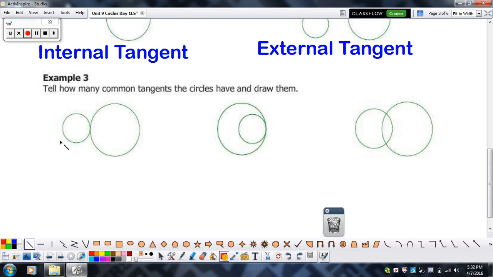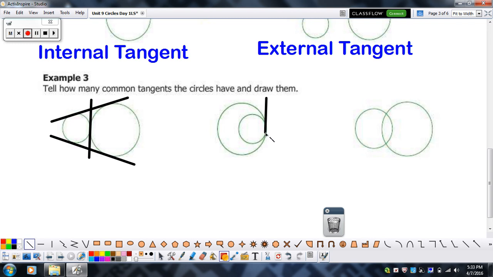So this first one, my two circles intersect at 1 point. So I can draw a tangent on the outside, on each side, plus I can draw a tangent down the middle here that's going to touch at only 1 point between those two circles. That means I can have 3 common tangents for this diagram. My next one, my two circles are inside of each other, touching at only 1 point.